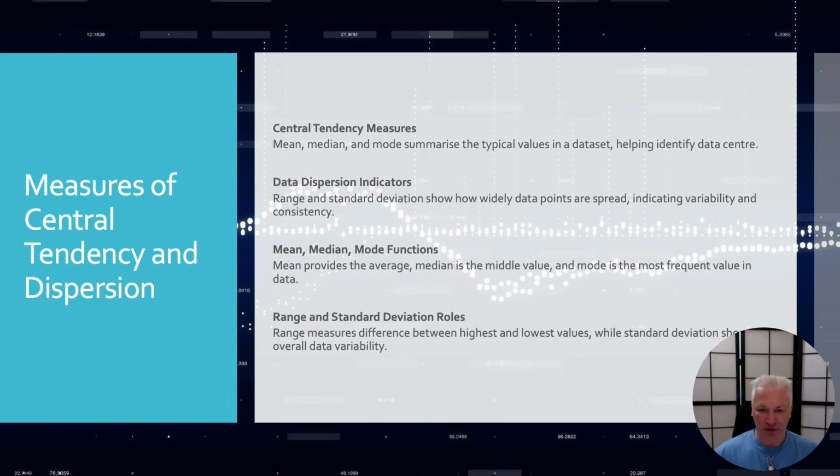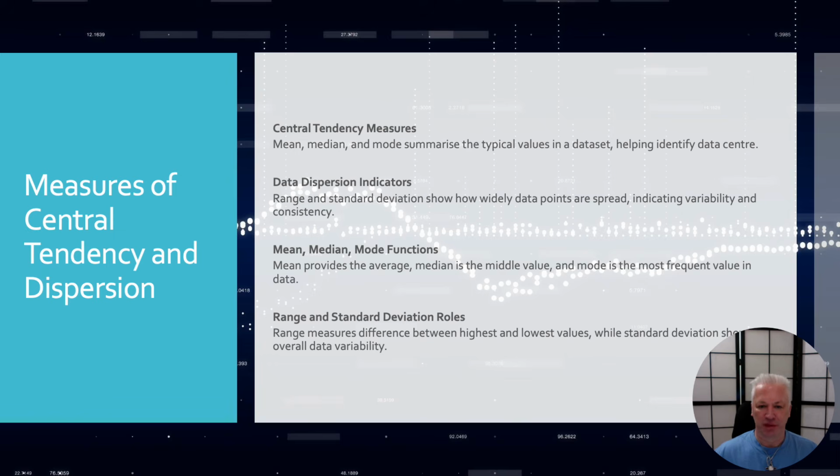Measures of central tendency describe the average or typical scores in a data set, and we use the mean, which is the average calculated by adding up all the scores and dividing by the total number of scores. The advantages of this is that it uses all the data values, and it's the most sensitive measure, so reflects small changes in scores. The downside is it can be easily distorted by extreme values known as outliers.